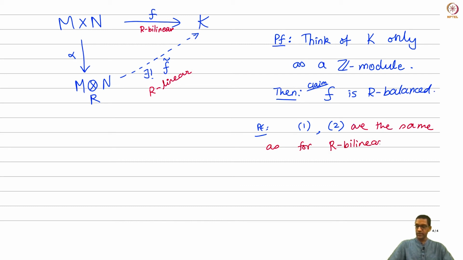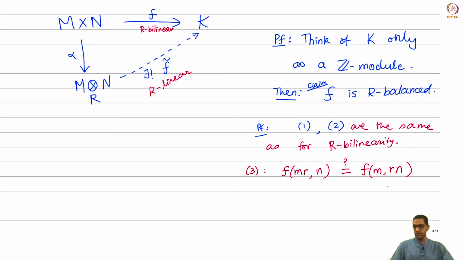It's only condition 3 that's different for R balanced maps. So what is condition 3? We need that f of mr comma n has to be the same as, so the question, is this the same as f of m comma rn, where r is in R and m and n are from M and N?